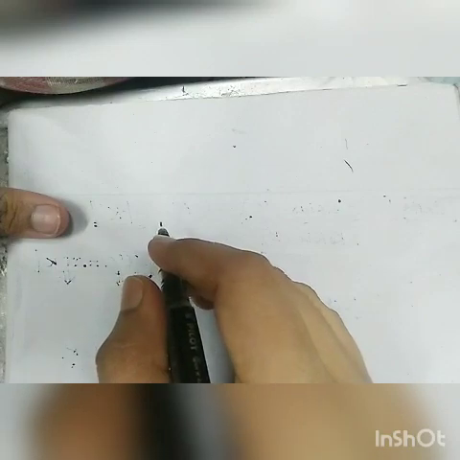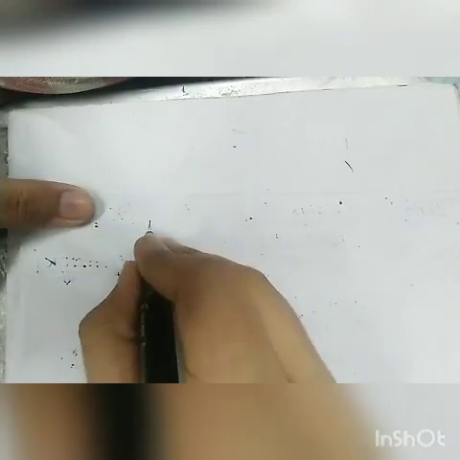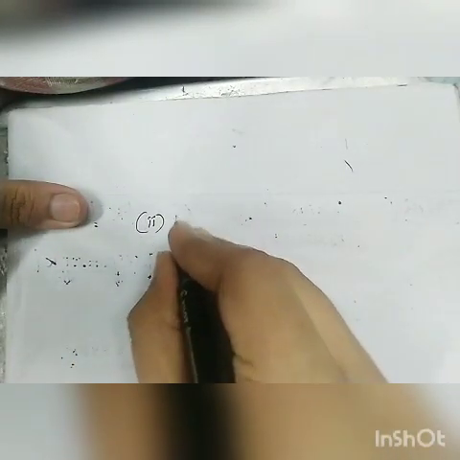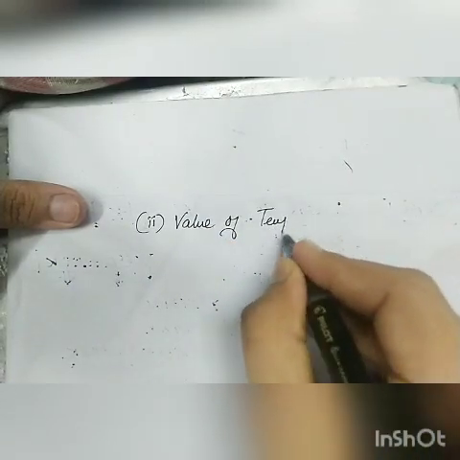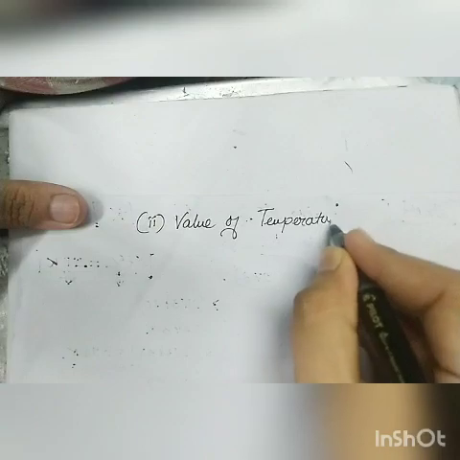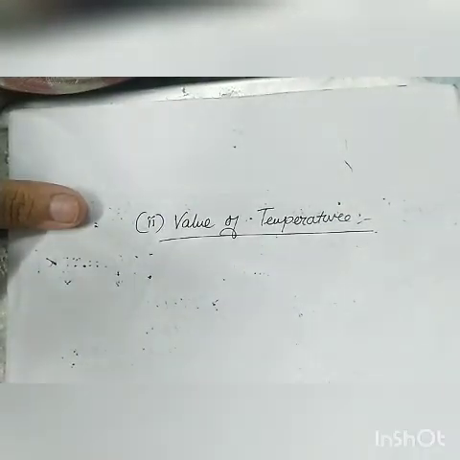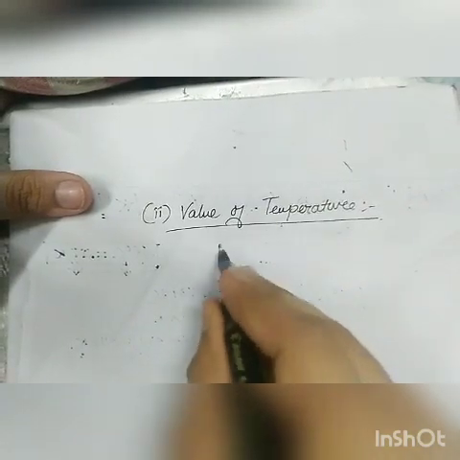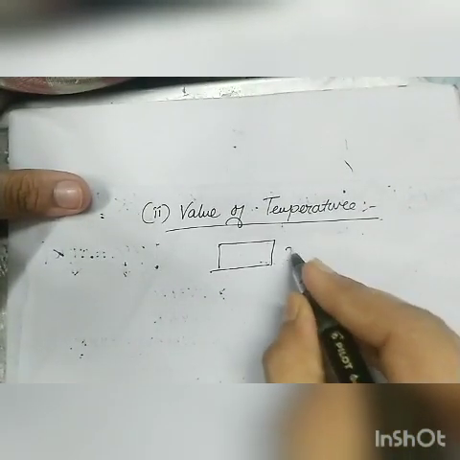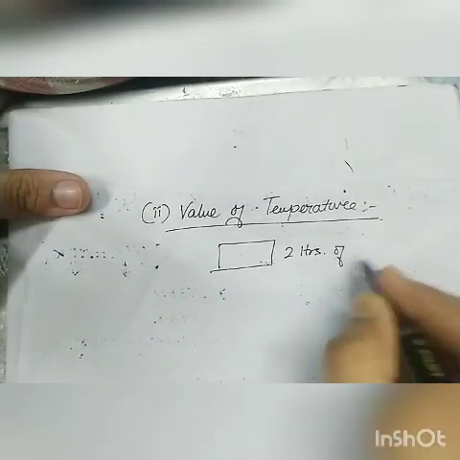Now, this is the first thing we have understood, the mass dependence. The next thing is the value of temperature, meaning how much temperature we are going to increase. Take a system of 2 liters of water.